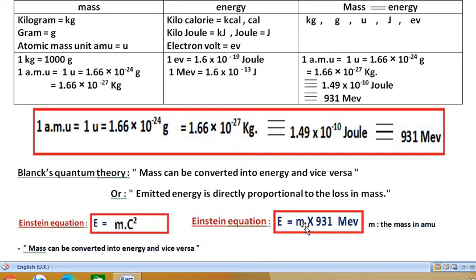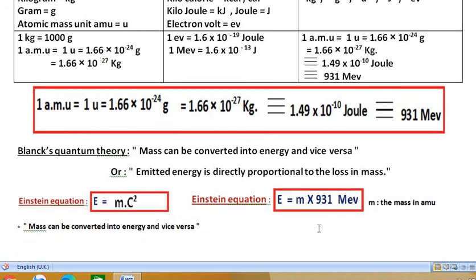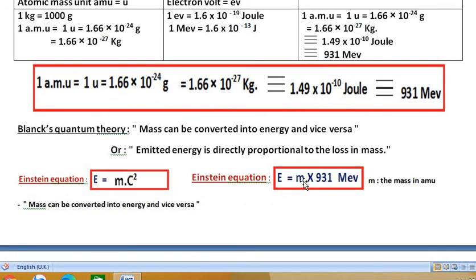This is another form for Einstein equation, E equal m by 931, where m is the mass in atomic mass unit, and E is the energy in million electron volt, MeV.